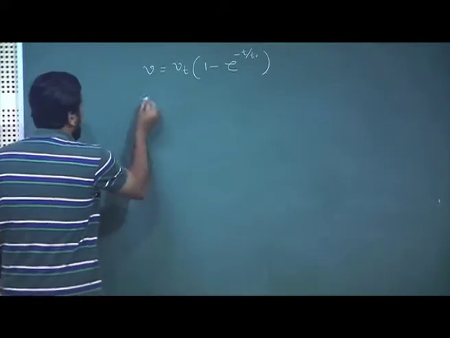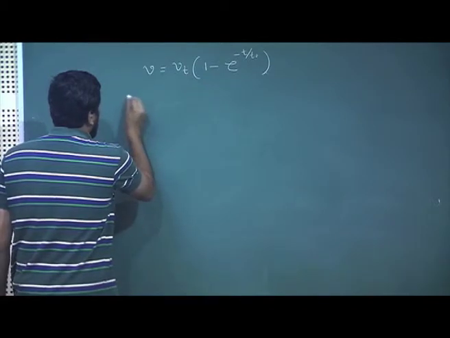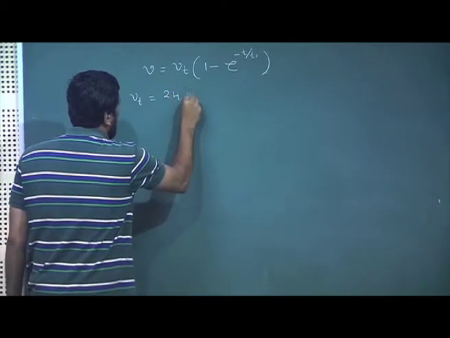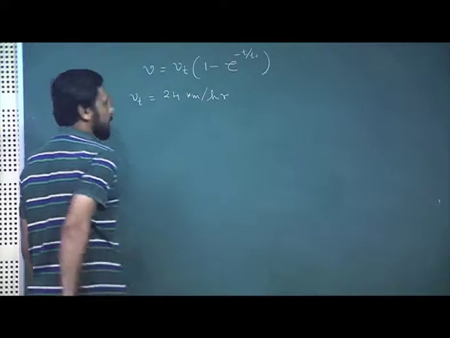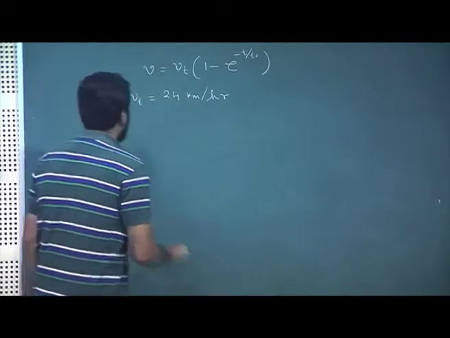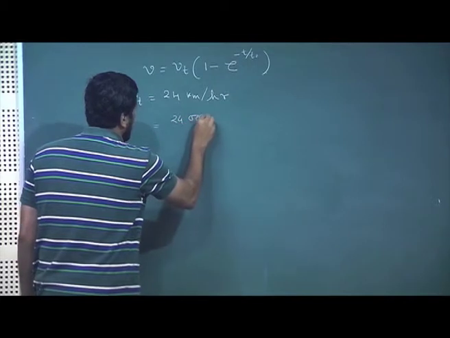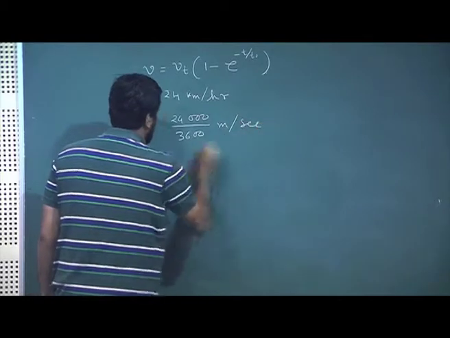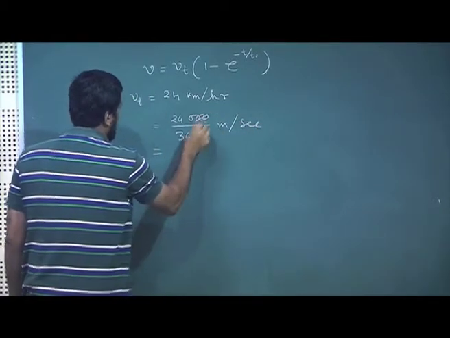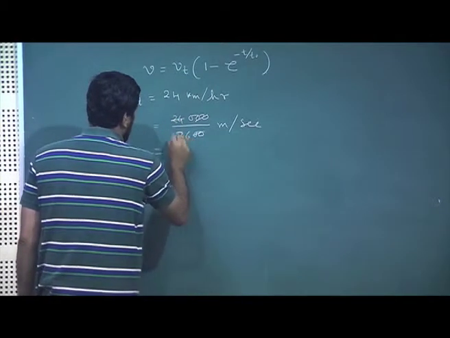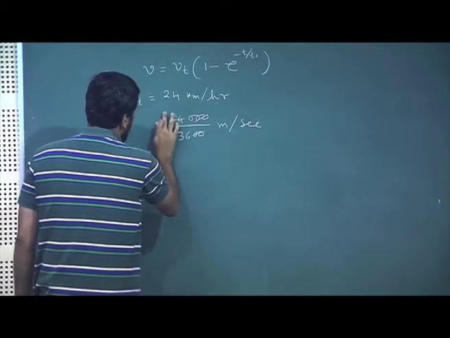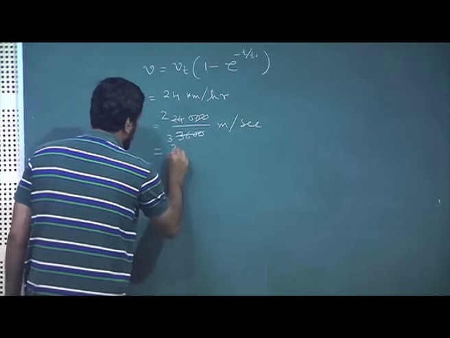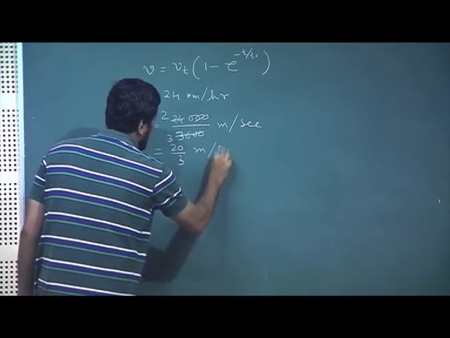Now, it is given that Vt is equal to 24 kilometer per hour, which will essentially reduce to 24,000 by 3600 meter per second, so it will be 20 by 3 meter per second.